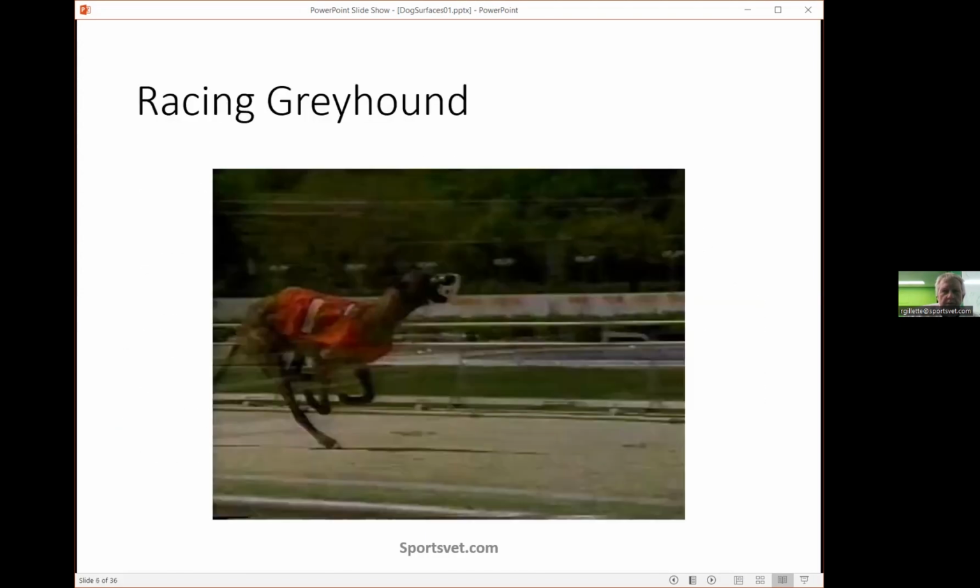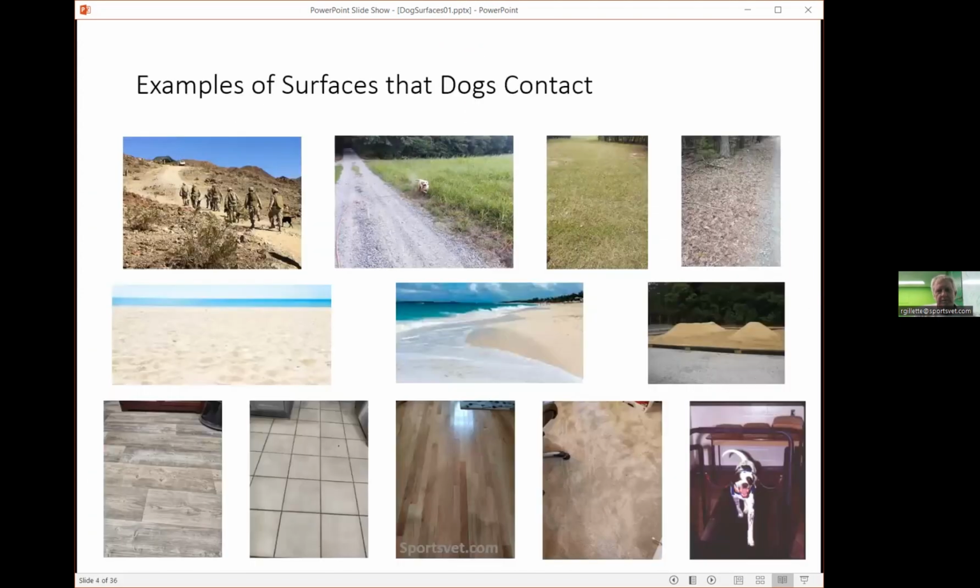One thing I'll do is identify where the dog's going. Most dogs, especially in the middle of the United States, don't go to the beach.